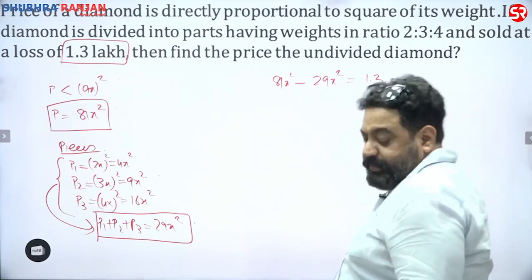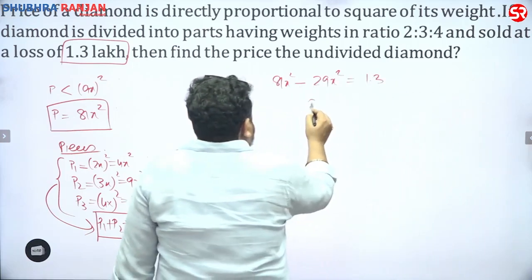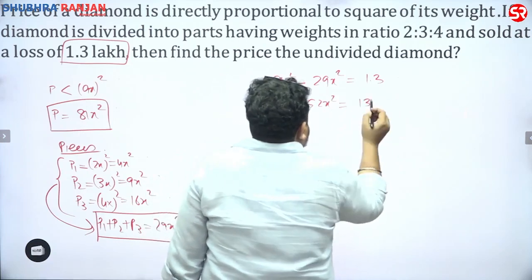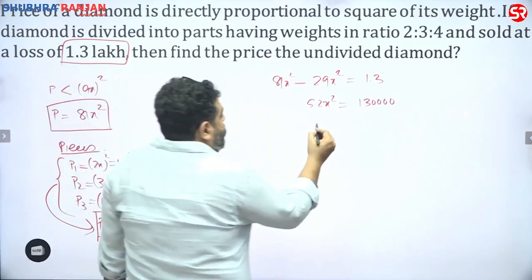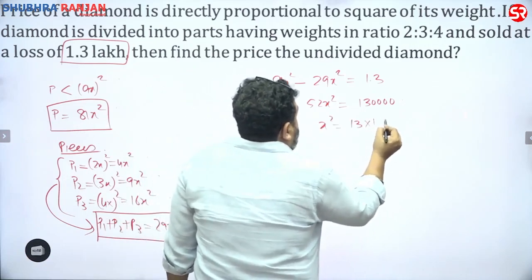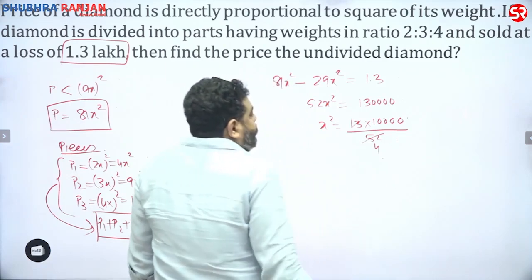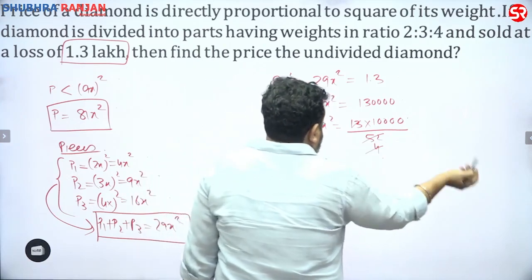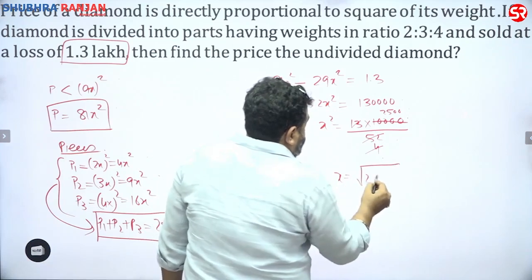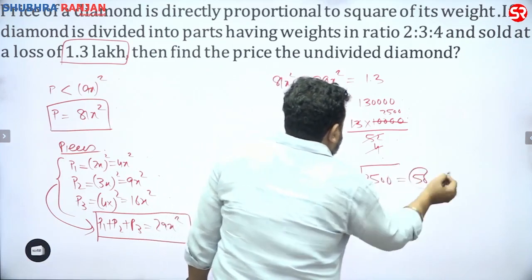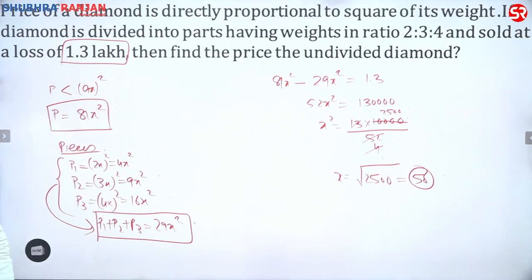1.3 है ना, which means this is coming out to be 52x square is equal to 1.3 lakh, है ना, which means x square comes out to be 2500, so x comes out to be 50.